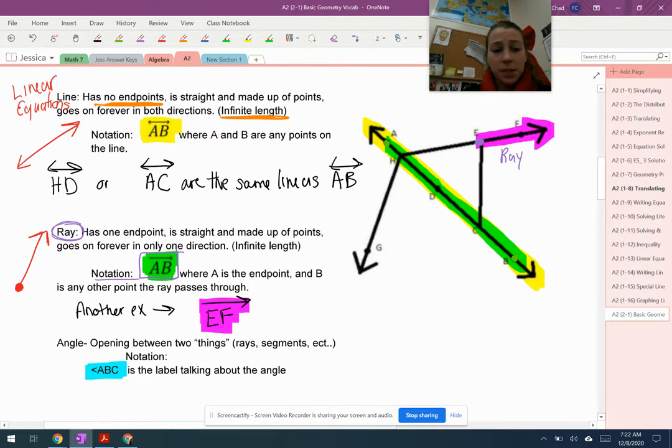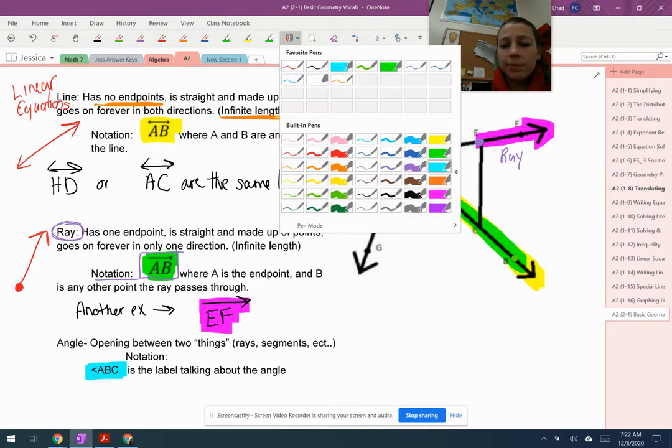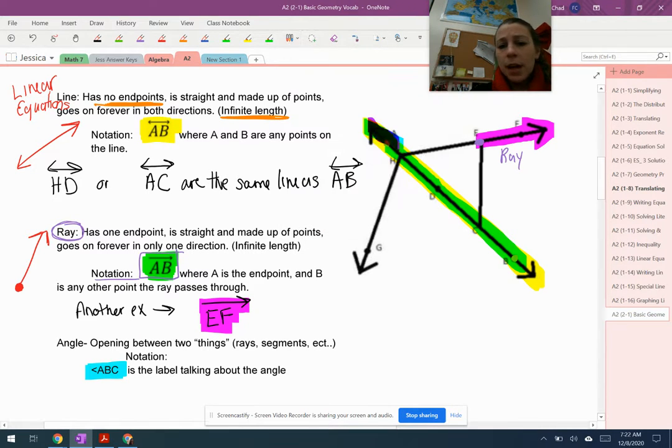So ABC would be... Oh yeah, because it's yellow and green. Ooh, let's get a different color. Purple. Nasty. Problem solve.